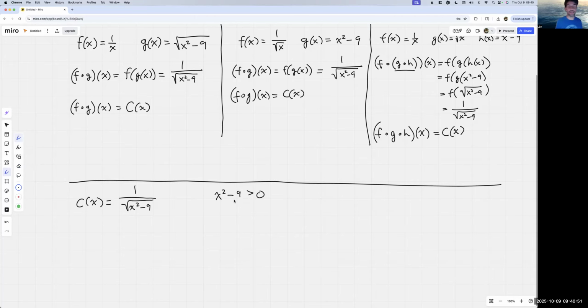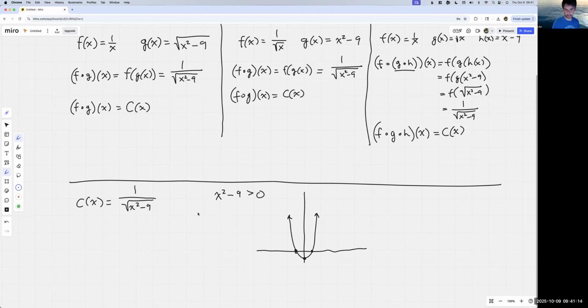Now we need to solve this inequality. I like to think of this one graphically. If I imagine the graph of x squared minus 9, it's going to be a parabola like this.